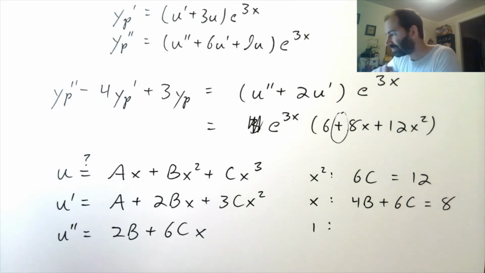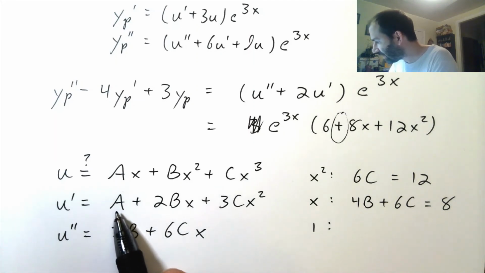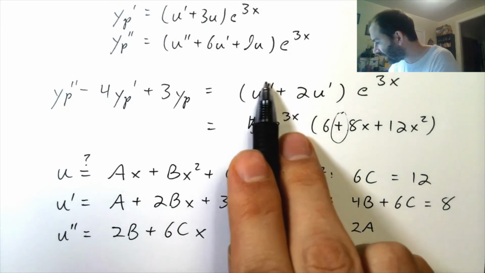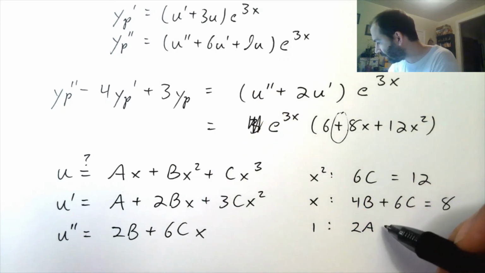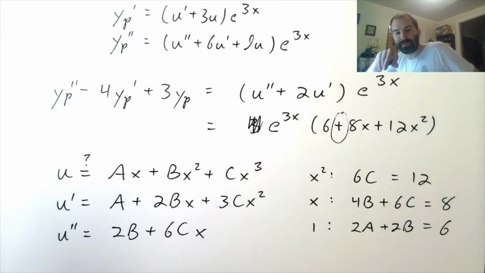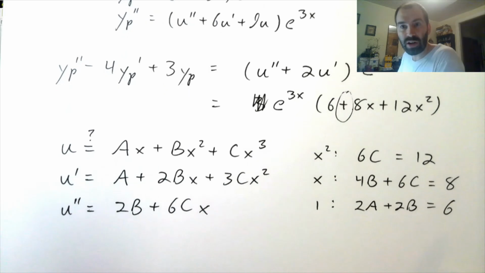Okay. And for the 0 degree terms, I'm going to get one from u prime, which is an a. I'm going to have 2 times that, so 2a. And then I'm going to get one from b, a 2b. And there we go. So there's my system of 3 equations, 3 unknowns. I can solve this.